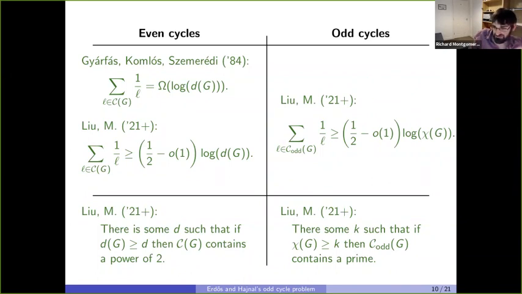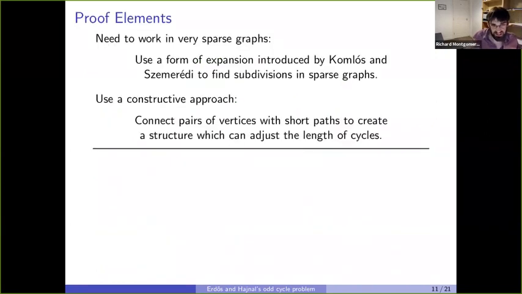So I don't see anything in the chat or anything, so I will go on and talk a little bit about the proof. As I said, the crux of it is making sure that we're using techniques that can work on really very sparse graphs. And that kind of guides what sort of techniques we might use. So we're going to use a form of expansion introduced by Komlós and Szemerédi to find subdivisions in sparse graphs in the 1980s.